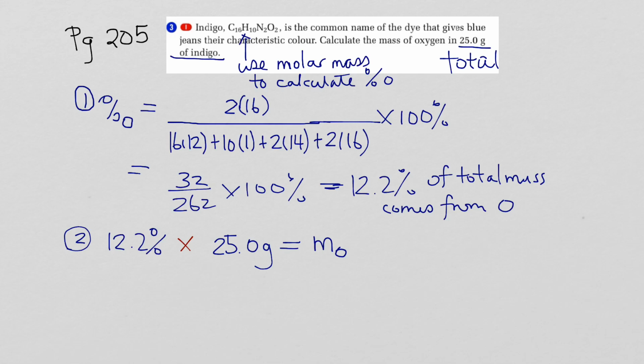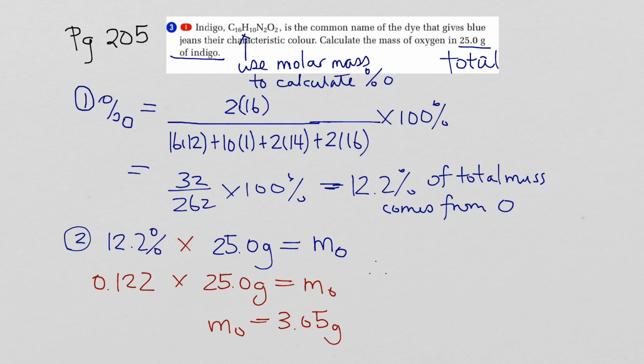So that's the equation that we have. We're going to change it back to decimals. So 0.122 times 25.0 grams of the mass is oxygen. So that means this mass must be 3.05 grams.